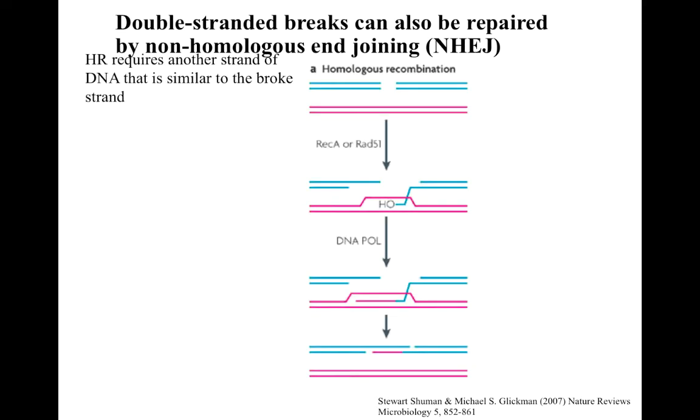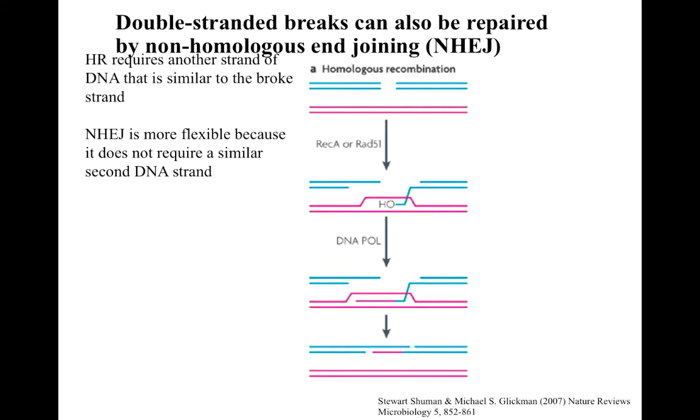There's also another mechanism of repairing double-stranded breaks called non-homologous end joining, otherwise known as NHEJ. Homologous recombination requires another strand of DNA that is similar to the broken strand.